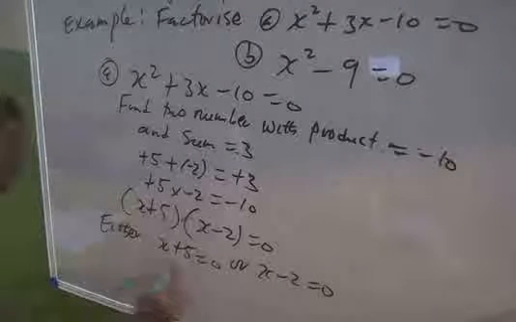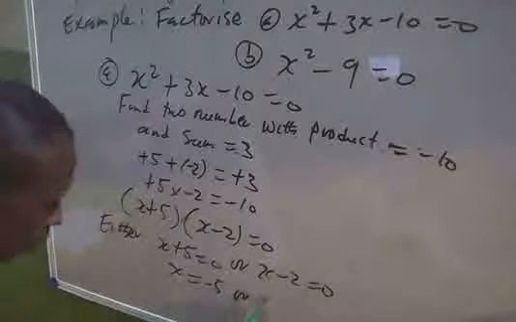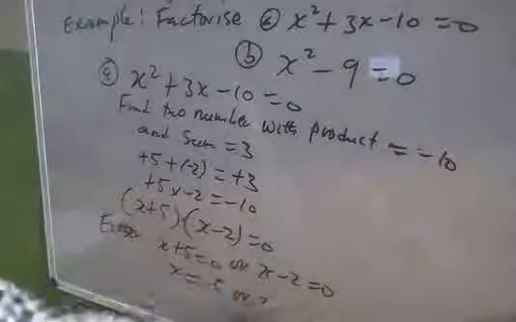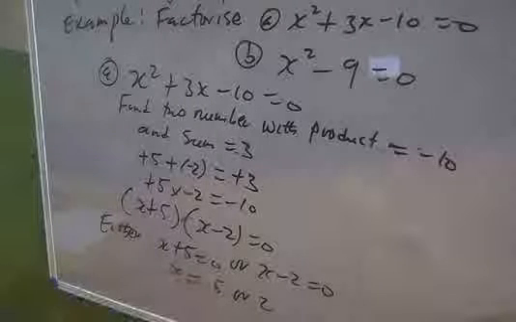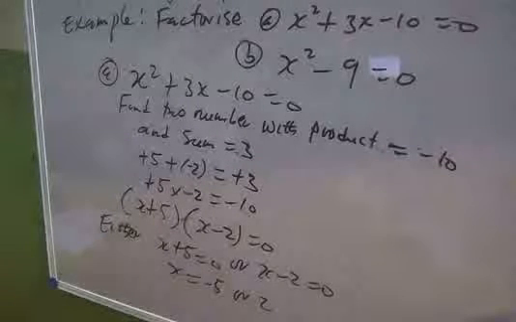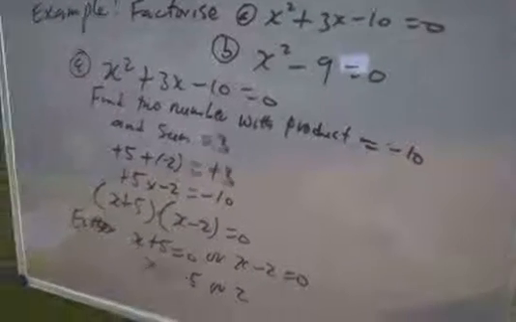So your x is equals to minus 5 or 2. When you take this to the other side, it becomes plus. And when you take this to the other side, it becomes minus. So that will be the answer to that.